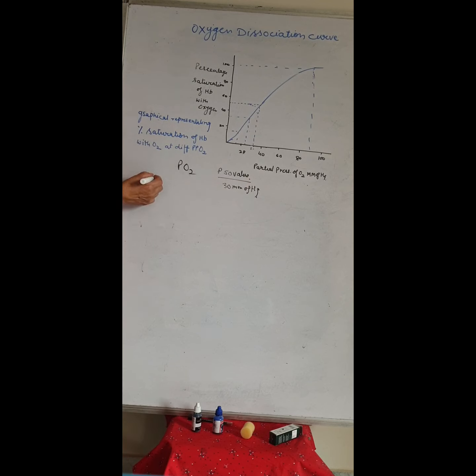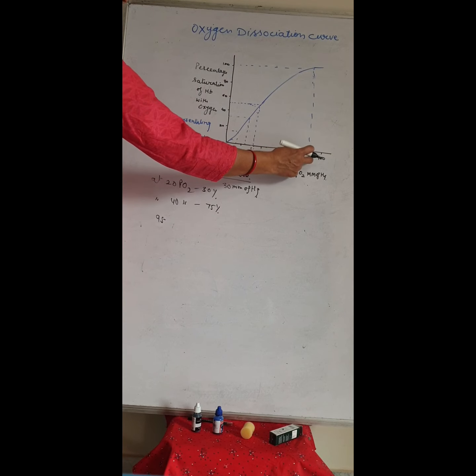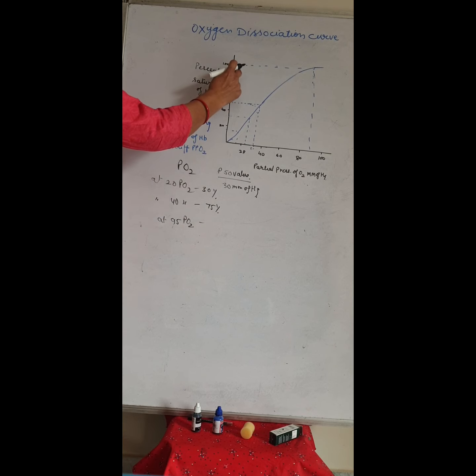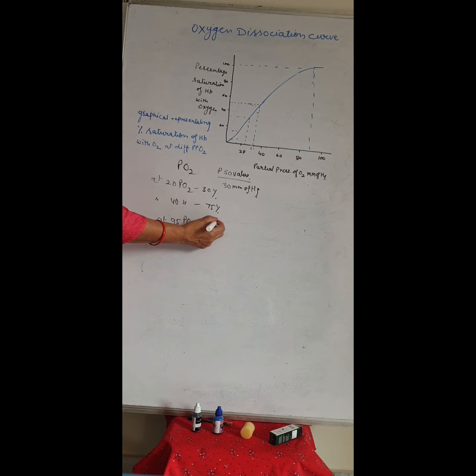At a partial pressure of 20, the percentage saturation is 30%. At 40 PO2, the percentage is 75%. At 95 PO2, or partial pressure of oxygen, there is near about 97% saturation.